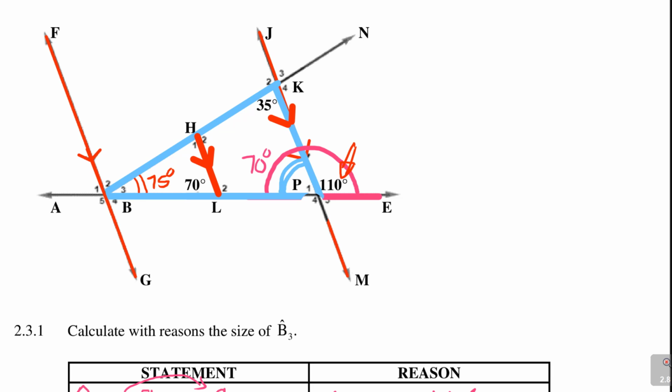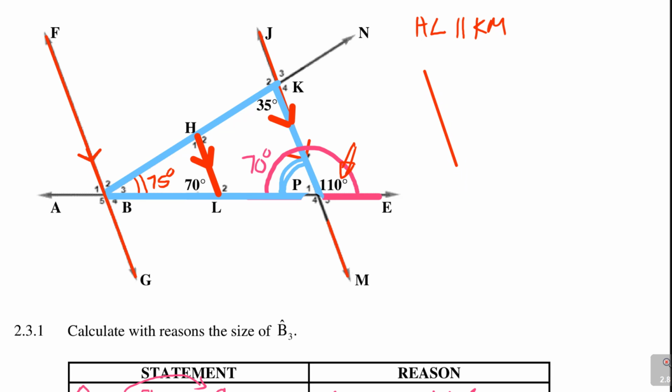So now, what are we proving? That HL is parallel to KM. Are you with me? Now, we do the same thing. They are the two lines. Let's take HL like this. There is our HL.